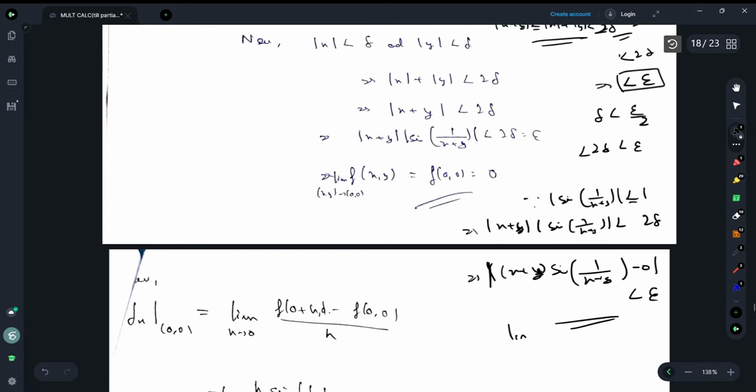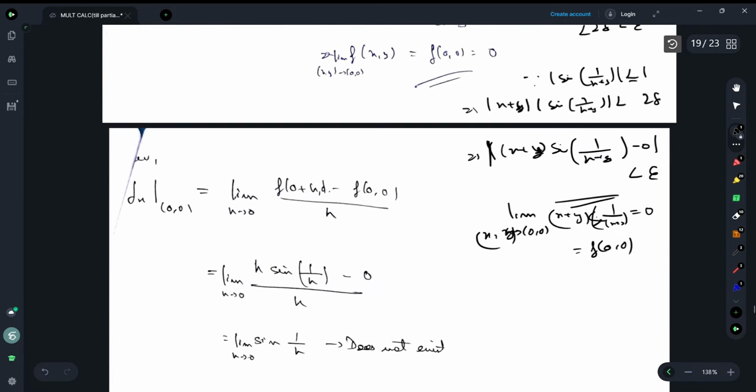Hence the limit of the function as x, y approaches 0, 0 of x plus y times sine of 1 over x plus y is equal to 0, which is equal to f of 0, 0. So the function f is continuous at x, y equals 0, 0.